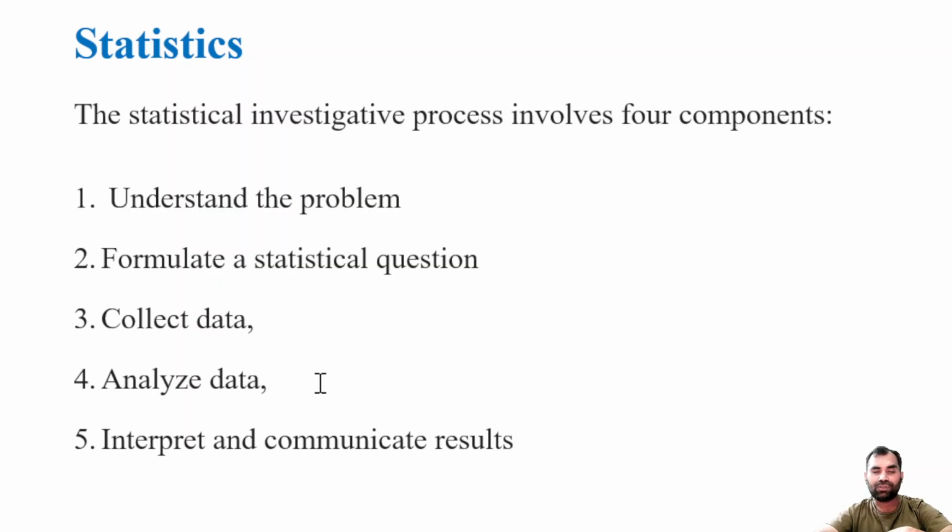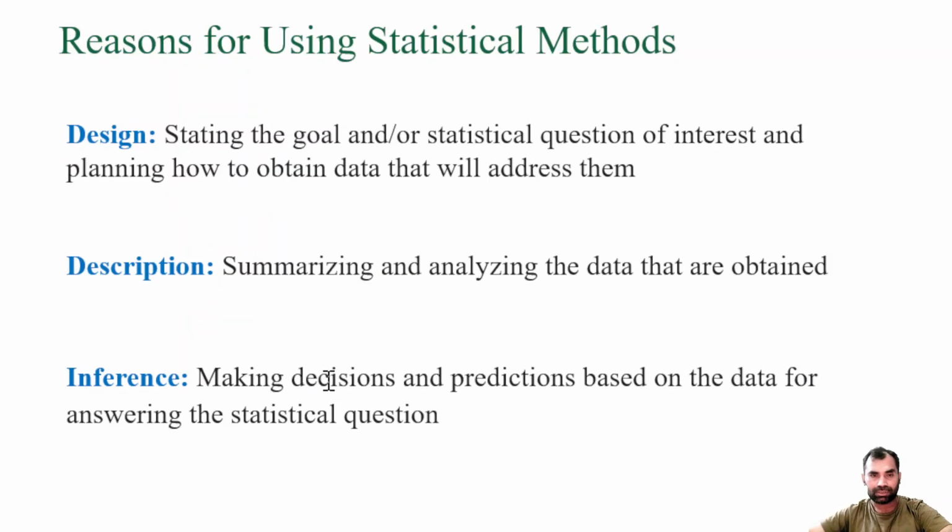Then after we gather the data, we analyze it using some statistical models, and after the analysis we can make predictions and decisions, and answer the questions from stage 2, which is the formulation of the statistical question. So the statistical procedure is a 5-step procedure. We understand the problem, we formulate statistical questions, we collect the data, we analyze the data, and then we interpret and communicate the results to the relevant stakeholders.